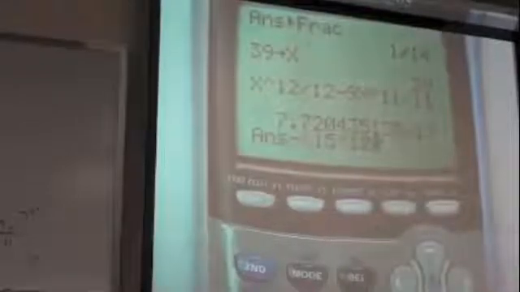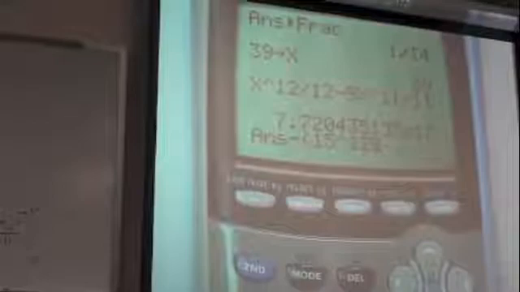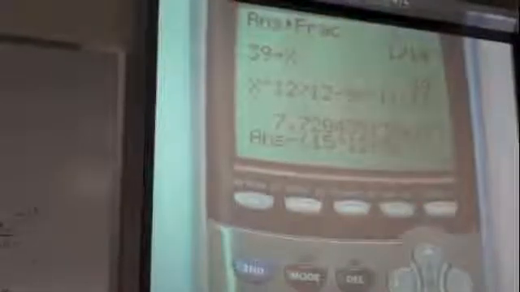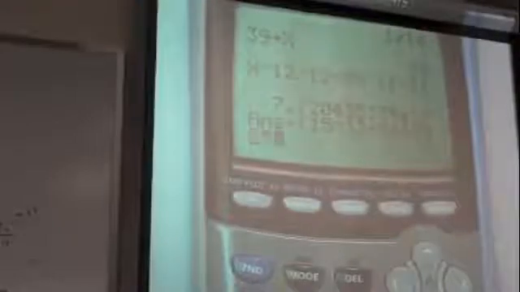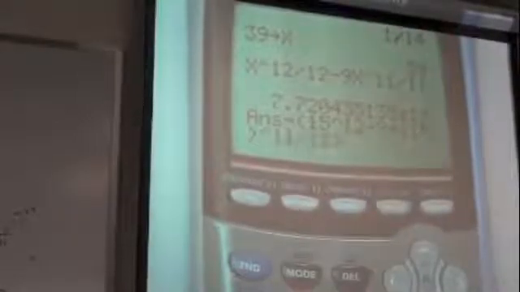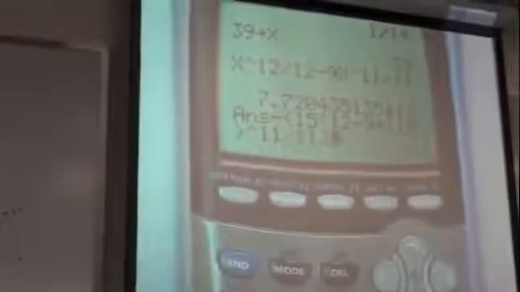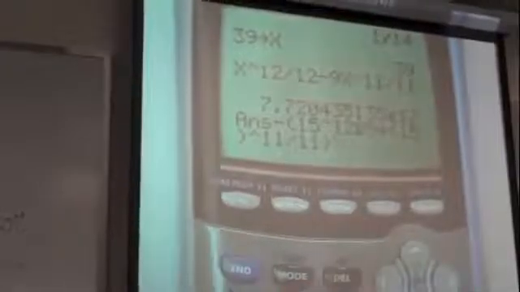You won't have any that have this large of answers in your work. 15 to the 12th divided by 12 minus 9 times 15 raised to the 11th divided by 11. You didn't divide by 12. Yes. Yeah, 15 to the 12th divided by 12. Thank you.